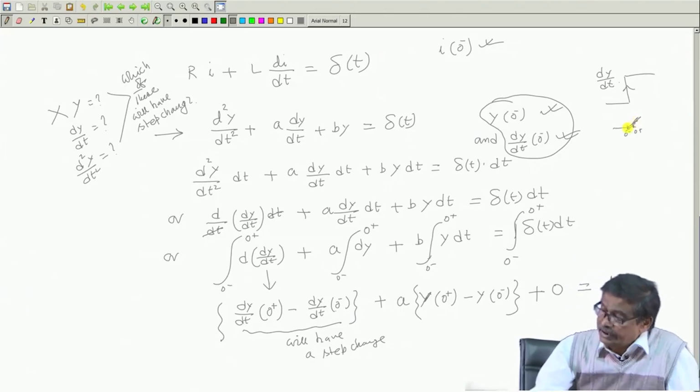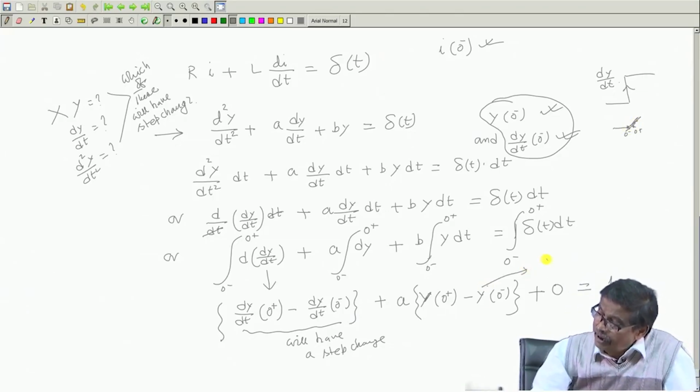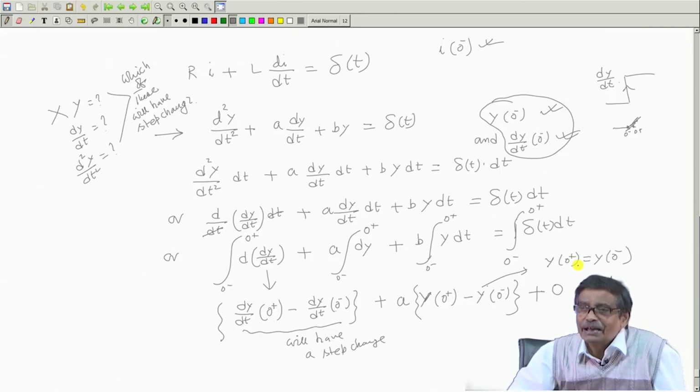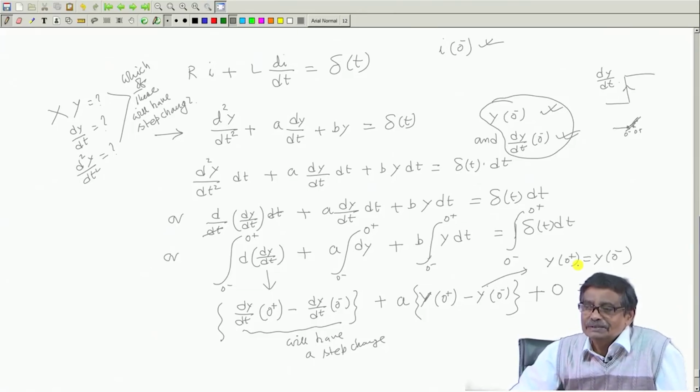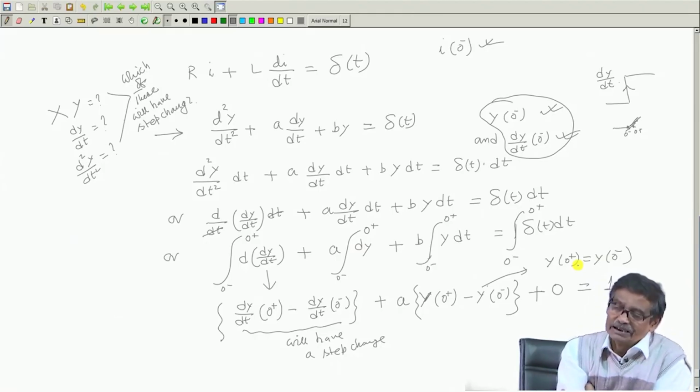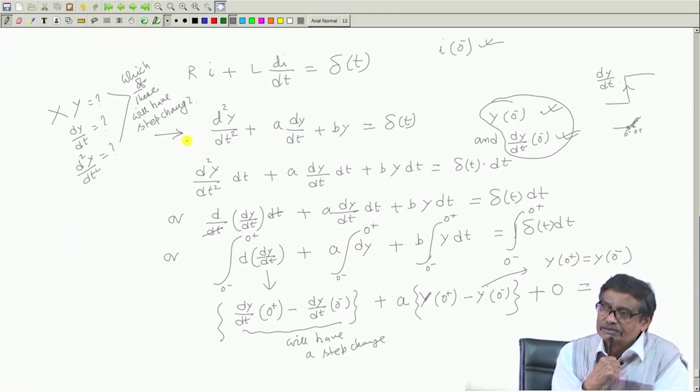So y 0 plus will be equal to y 0 minus. It cannot have a step change, simply because if y step changes, then you have delta t as well as delta dot t, but the right hand side has only delta t. How can this happen?